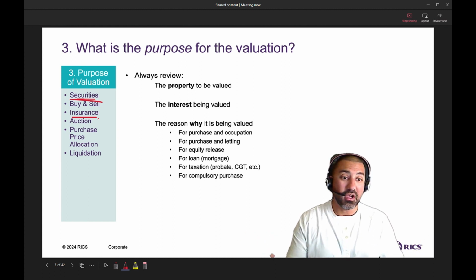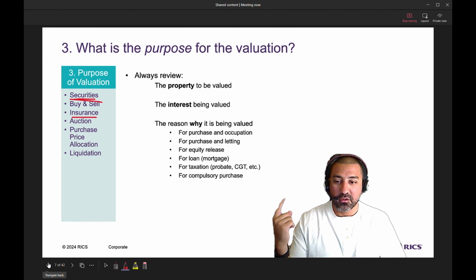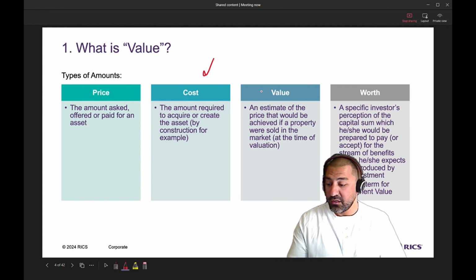Therefore, you have to be able to dissect the insurable value. Plus, the insurable value has nothing to do with market value. It has to do with market cost, right? Remember what we talked about? Cost, price, cost, value, and worth. Insurable value is worried about replacement cost. It doesn't matter to me if your building is 50 years old, an earthquake comes and destroys the building.